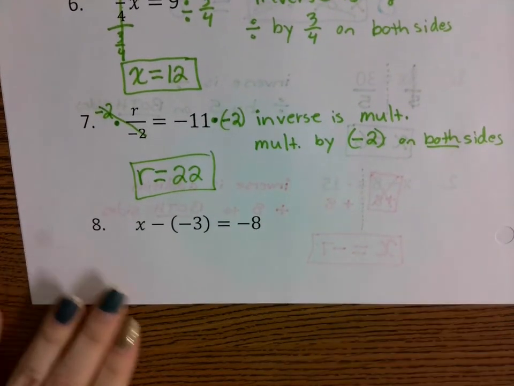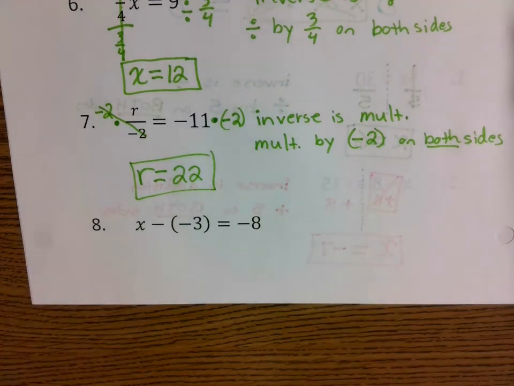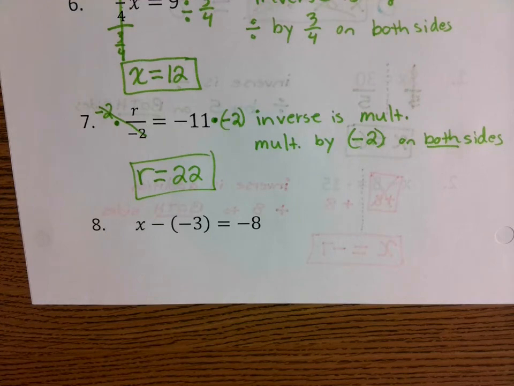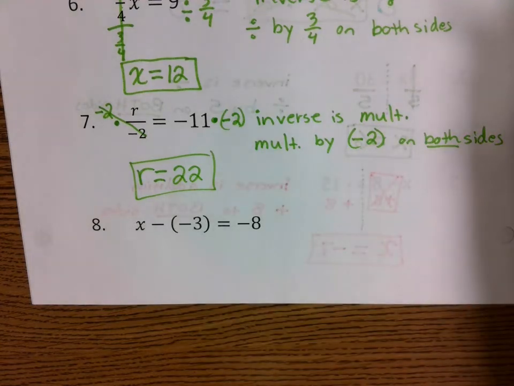Okay, problem number 8. That goes to person 28. Okay, Anna, what did you get? Not quite. It's not -5. Let's go with, oh, I already called on that person. How about person 2?